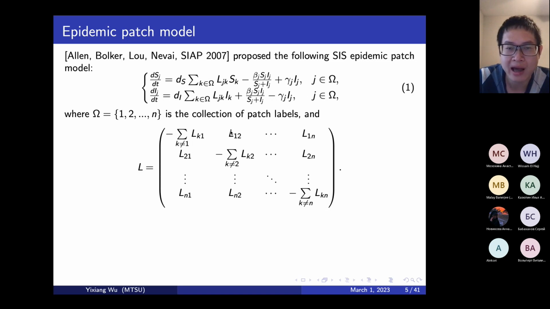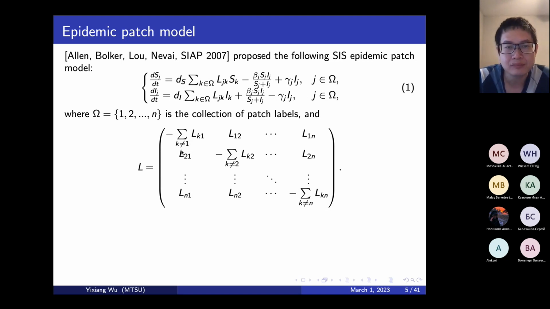L_{1,2}, for example, means the movement from patch 2 to patch 1. The diagonal elements are negative, which represents the movement out from this patch. By the way, d_S and d_I represent the movement rates of susceptible or infected people.